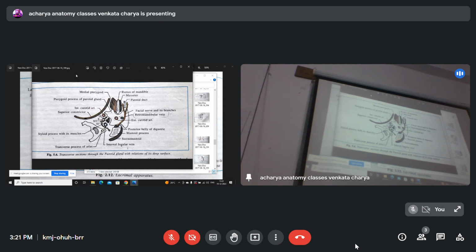Coverings of the parotid gland. The parotid gland is covered by two capsules.